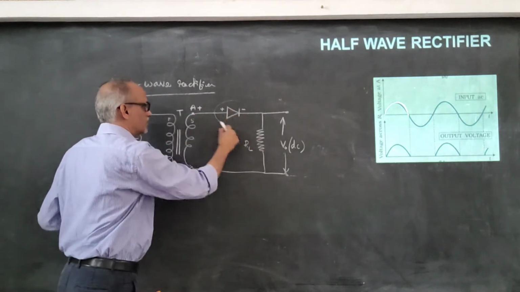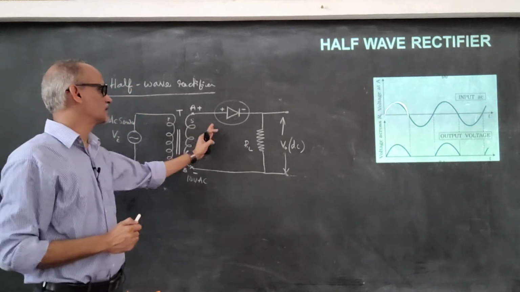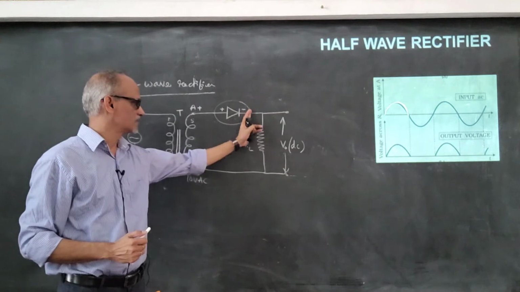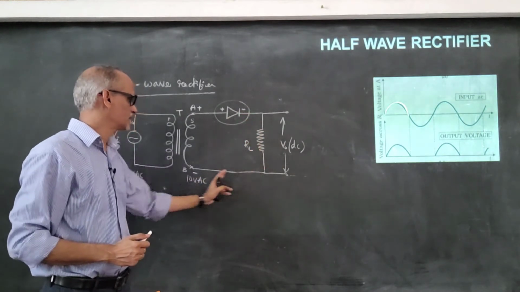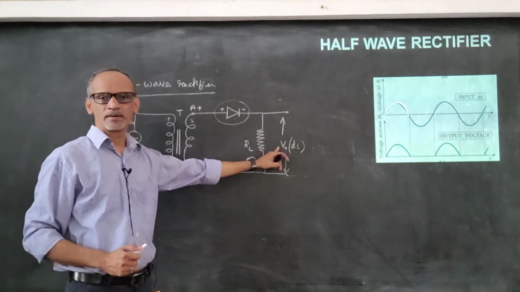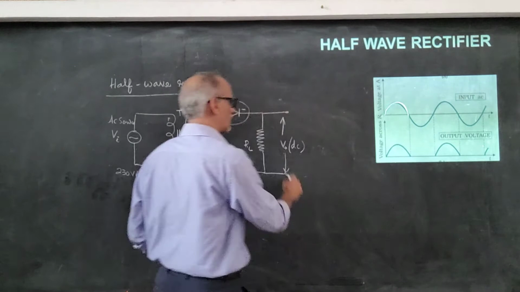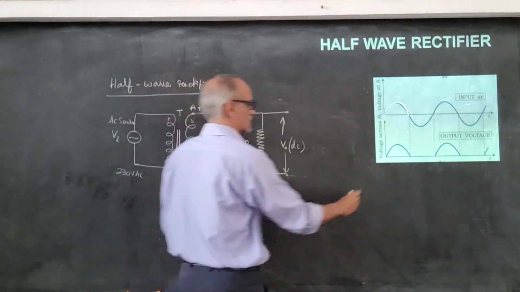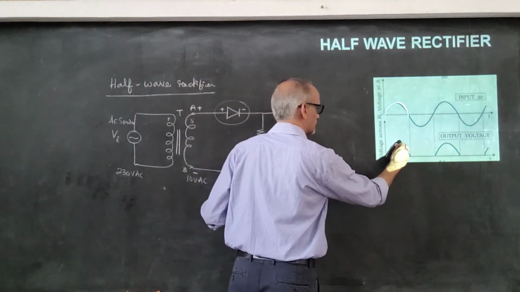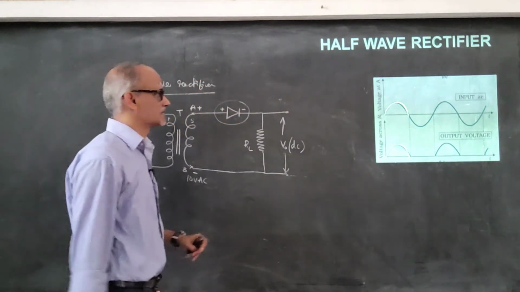That means this diode is in forward bias, and when this diode is in forward bias, it conducts, so that there is a flow of current through this part of the circuit. That means we do get some output voltage, and that voltage across this resistor is given. So this is that voltage which we are getting. That is for one half of the AC.